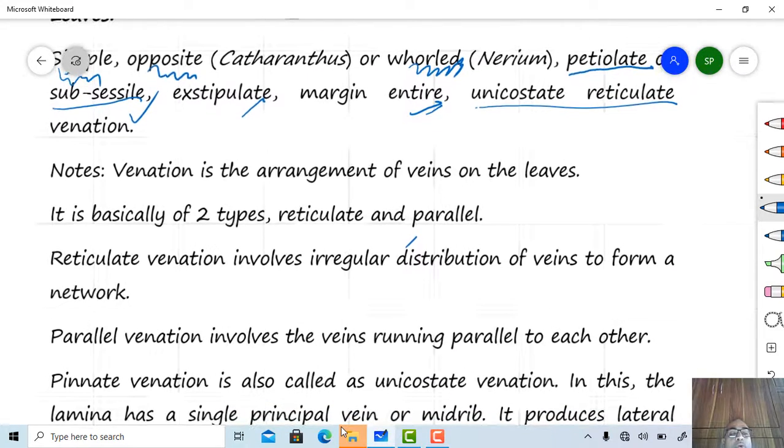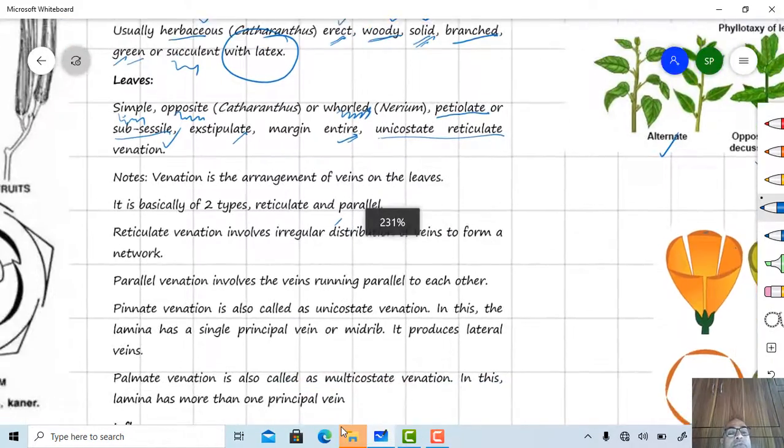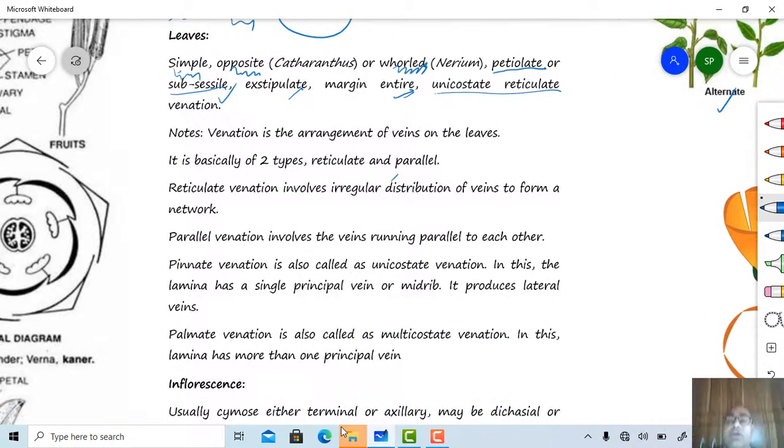Some more notes regarding the venation here. The venation is an arrangement of veins on the leaves. Okay, so arrangement of veins on the leaves is called a venation. So these are the veins, and the arrangement of these veins is called a venation. It is basically two types. One is reticulate and another one is parallel.